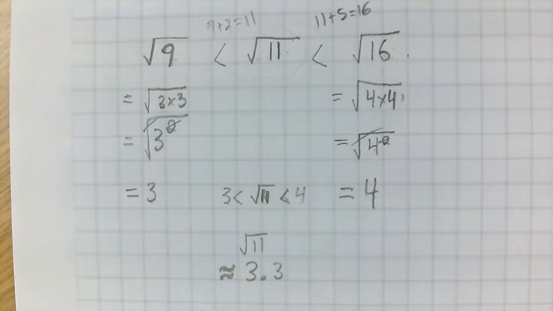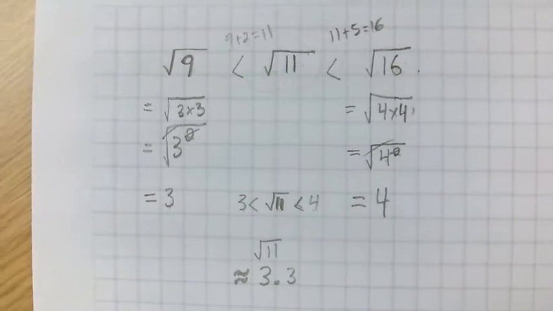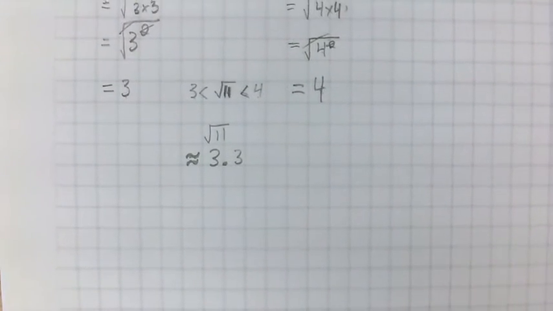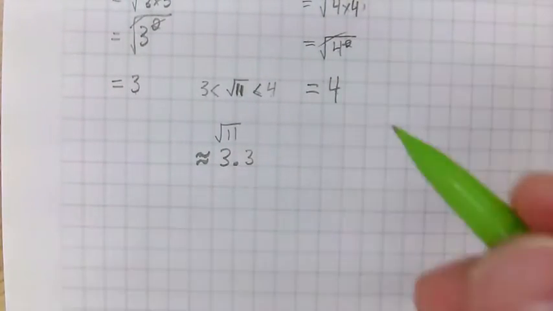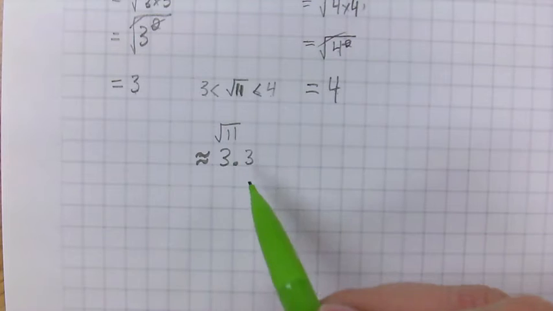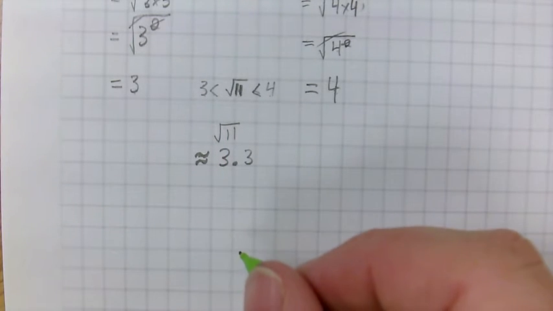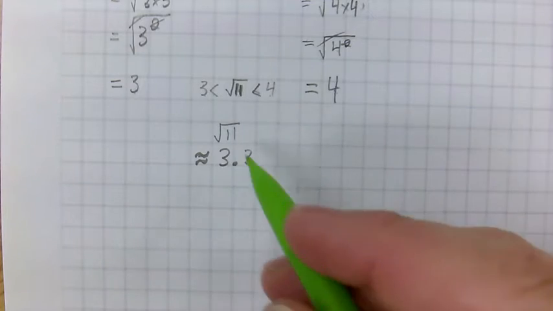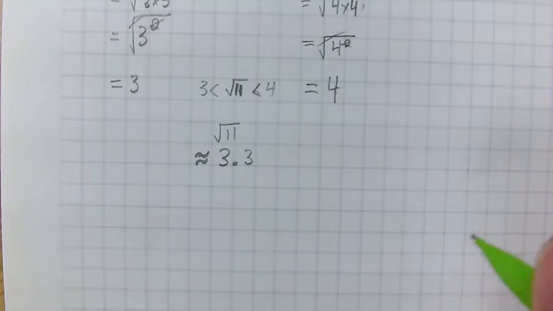Now, we can test our estimate out a couple of different ways. Here's one way. Let's zoom out a little bit and focus it again. If the square root of 11 is 3.3, that means if we were to square both of these numbers, we would get the same number.